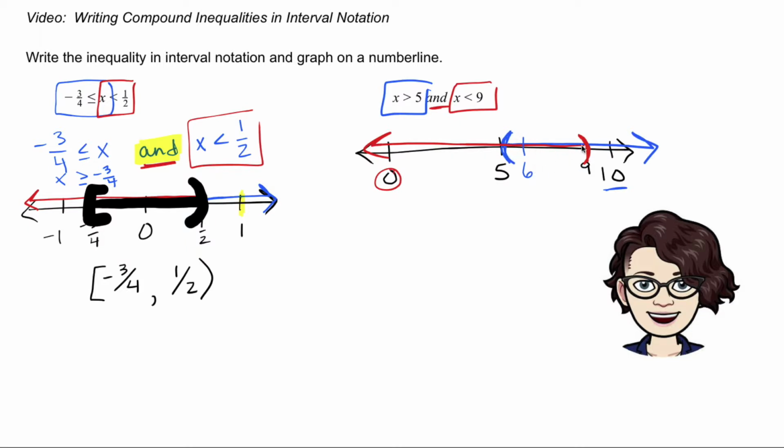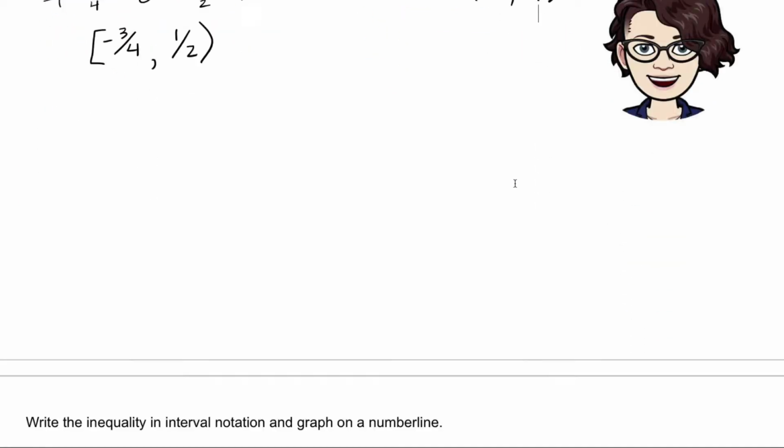So our solution is where this region has been shaded both red and blue. So we will mark that in black, greater than 5, but up to 9. And that gives us the interval 5 to 9, using parentheses, just like we did on that number line. So those are two examples of compound inequalities with implied and.